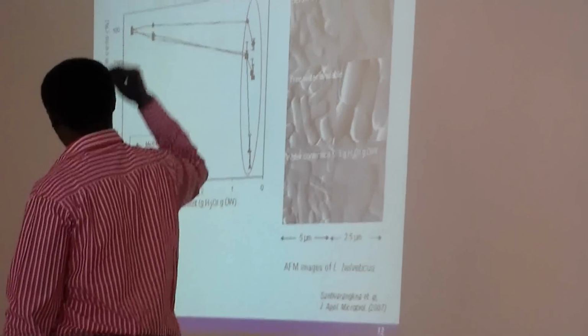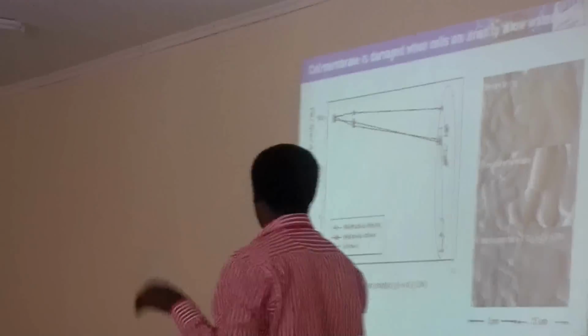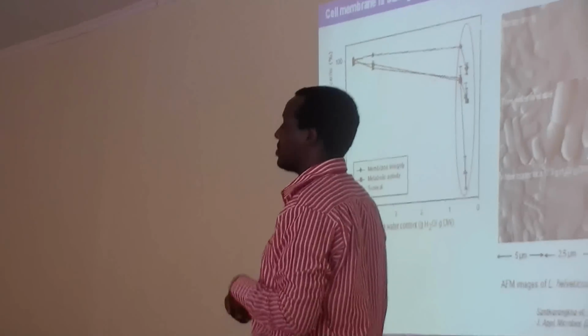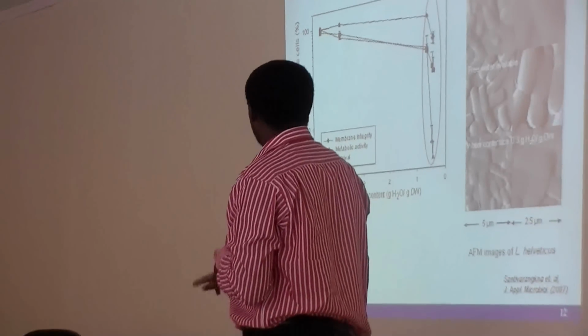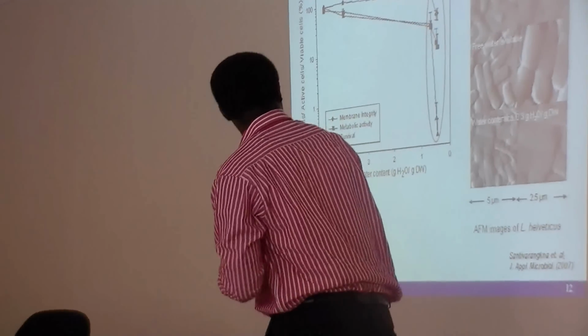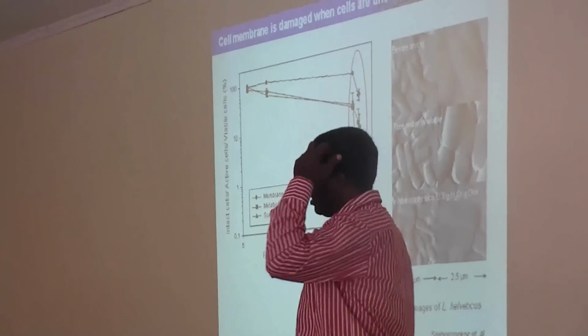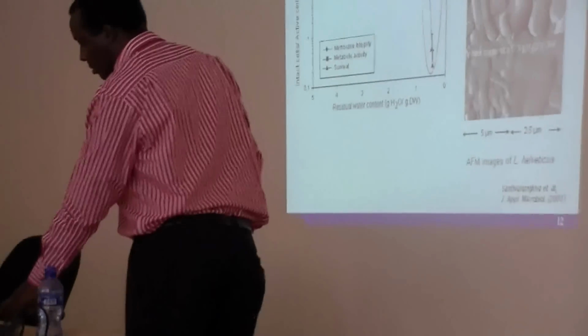We look at how the membrane integrity of your bacterial starter culture and the metabolic activity of those starter cultures relate to the survival of those starter cultures, for example, during the drying process. And we do this using a scanning microscope.